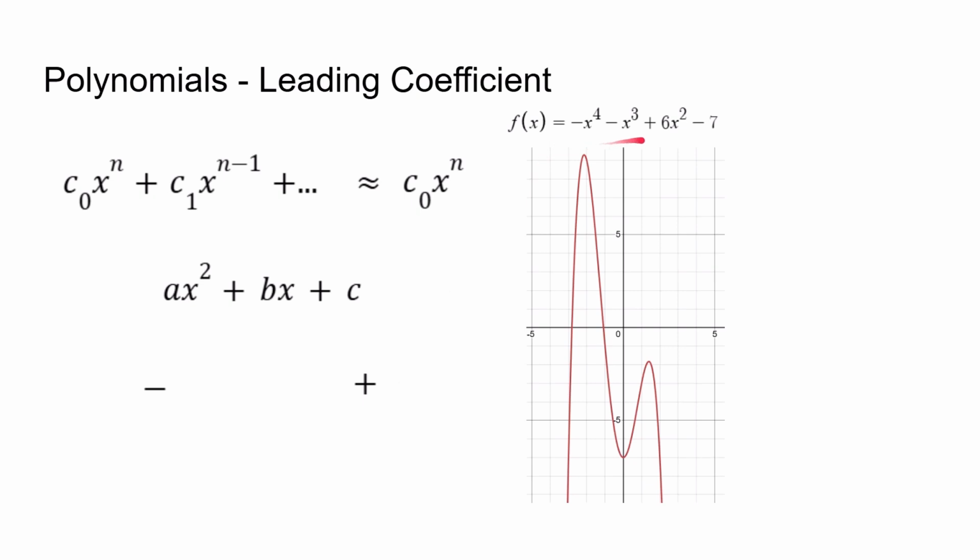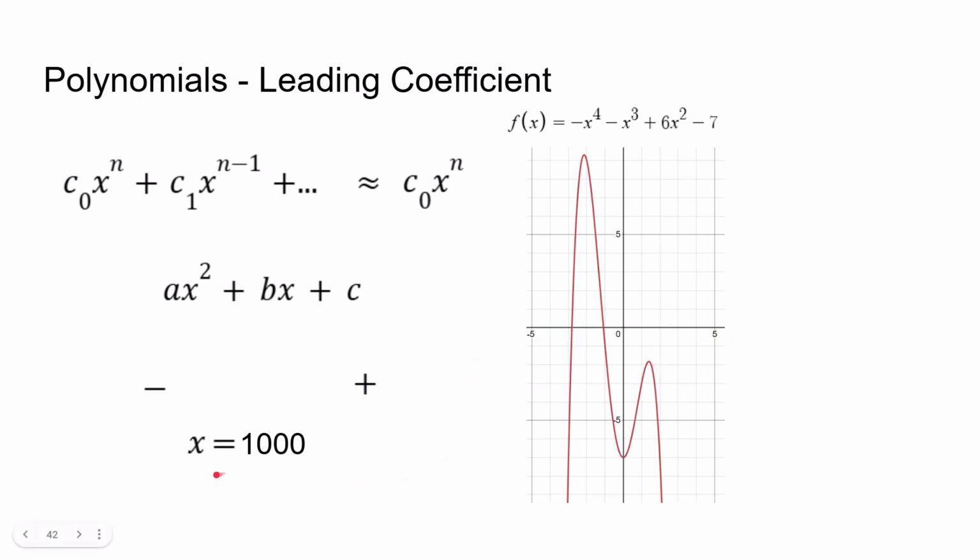So for this polynomial, the leading coefficient is -1, and the highest degree is even. That means that this term will dominate as x gets really, really big. So the end behavior of the graph will just be negative x to the fourth, which will tend to go to negative infinity as x gets both positive and really negative.